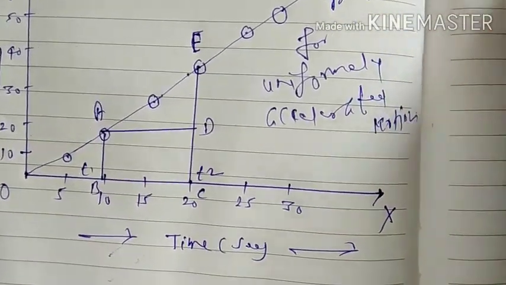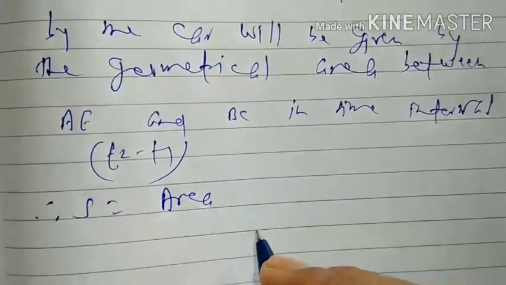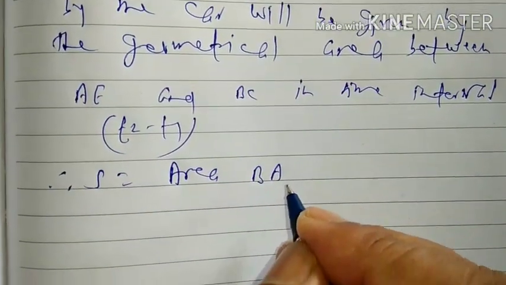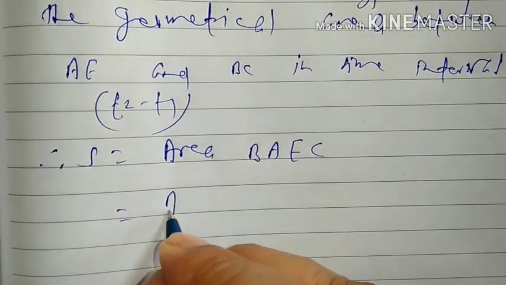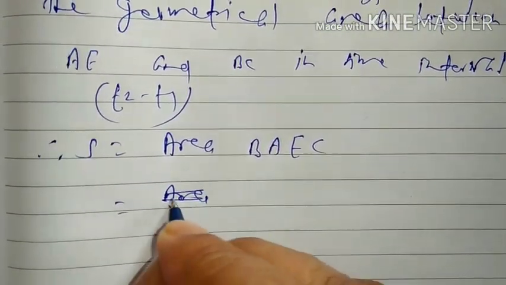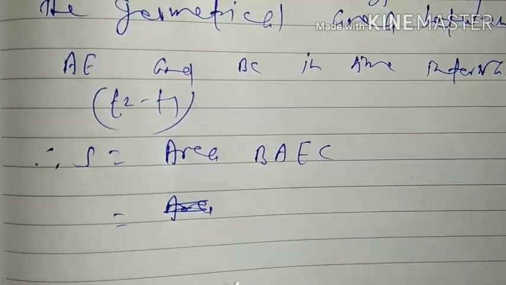Therefore, S is equal to area BAEC. We can divide this area into 2 parts.